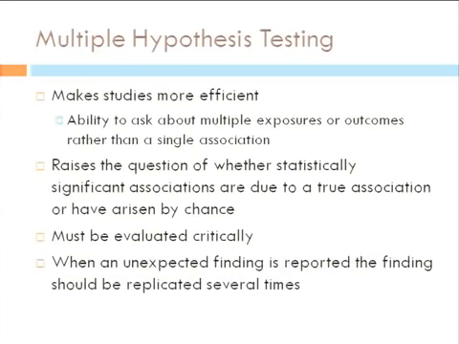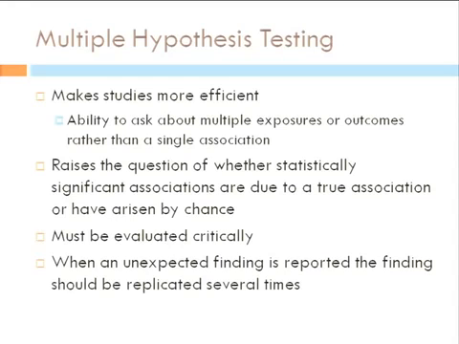So the thing about multiple hypothesis testing is that it makes studies much more efficient. You're able to ask about multiple exposures or potentially outcomes, maybe if you have a cohort study, rather than a single association. But it raises questions about the statistical significance of your finding.